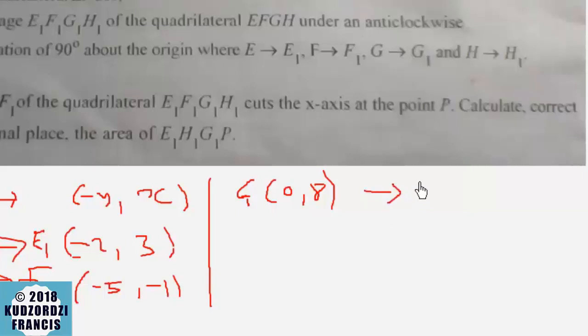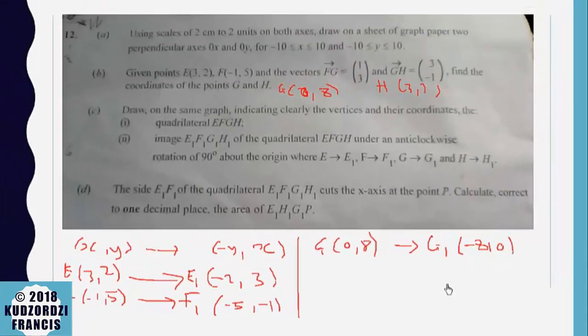This will map onto G1 with coordinate (-8, 0). Then we have H with coordinate (3, 7). This will map onto H1, which is (-7, 3).